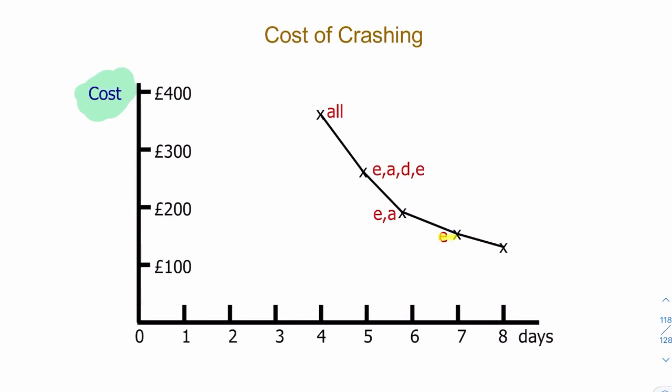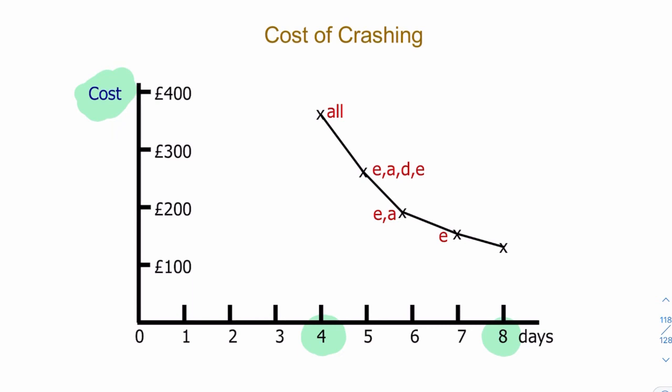I think it was £35 more, and it saved me 1 day. But I can go all the way to 4 days. I can crash it by 4 days with essentially all tasks being crashed. But what effect will that have on the cost? It'll bring my super budget wedding up from £120 to £350. So that's a big increase in cost.